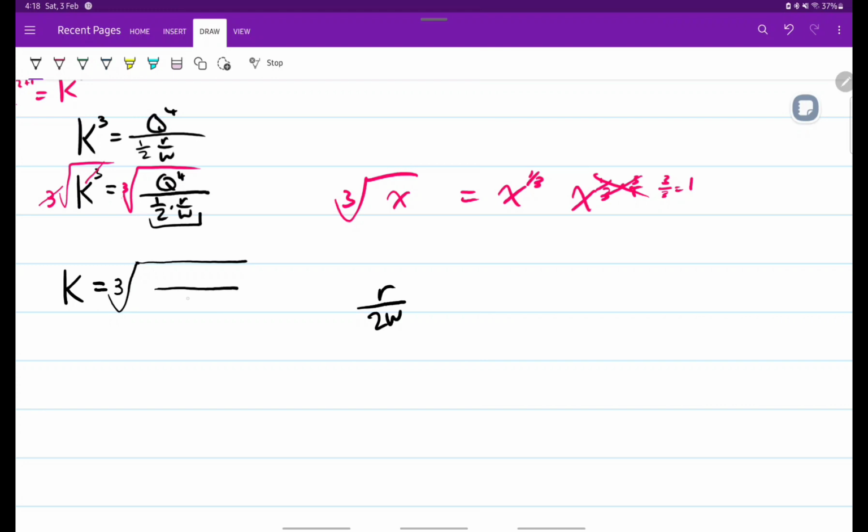And q to the 4, now it gets a little bit complicated because you're going to have, that is what this represents, sorry.